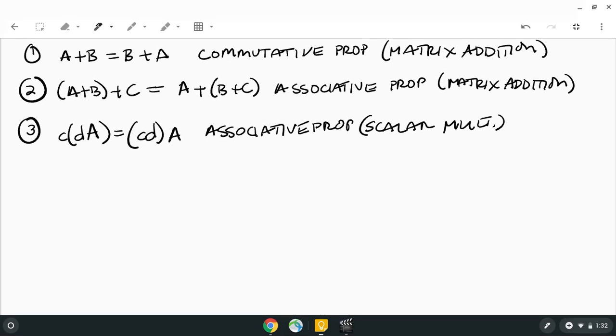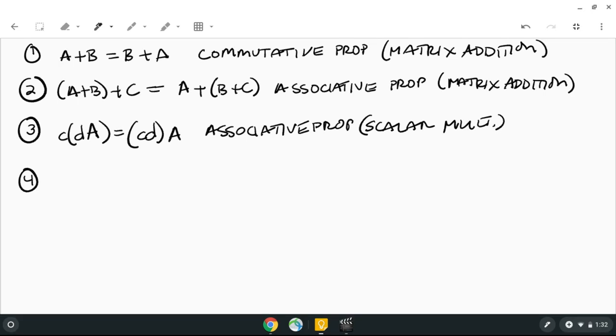And then the last one, we have the distributive property. Of course, that's for scalar multiplication.